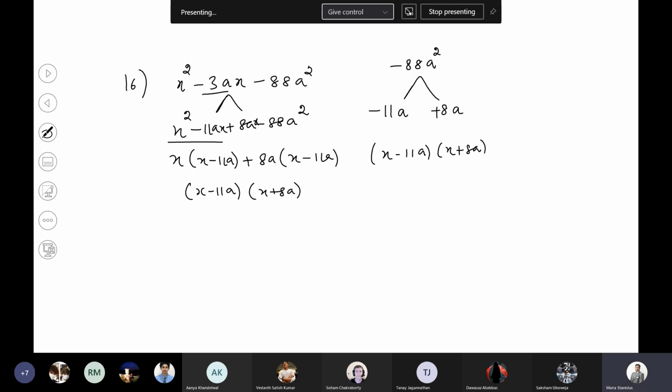Is this clear to you? So can we write x plus 8a as the first term and x minus 11a as the second term? Yes. Okay, sir.